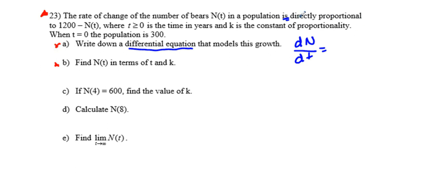Directly proportional means we're going to have some constant of proportionality times 1200 minus N. So the rate dN/dt is directly proportional to 1200 minus N, where t is greater than or equal to 0 is the time in years and k is a constant of proportionality. We know that when t equals 0, the population is 300. That's our initial condition.